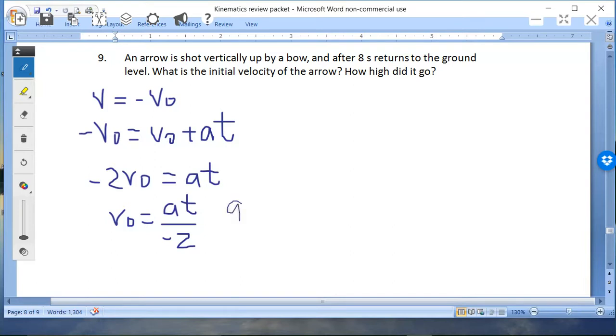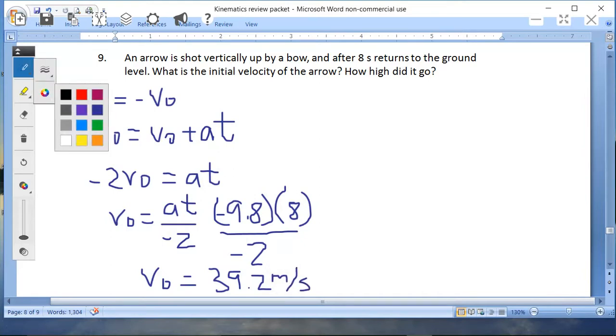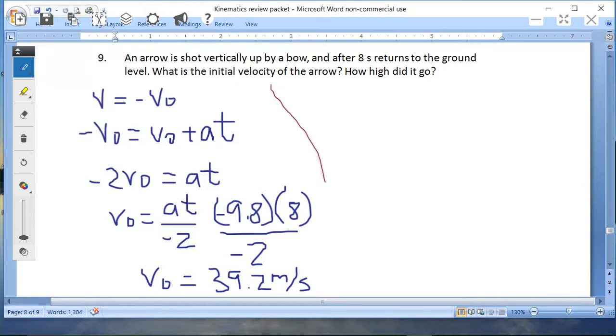Plugging in our numbers, we get negative 9.8 multiplied by 8 and divided by negative 2, which will give us an initial velocity of 39.2 meters per second.